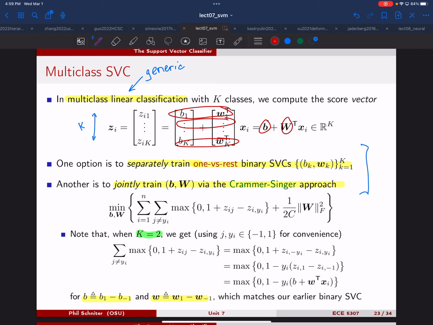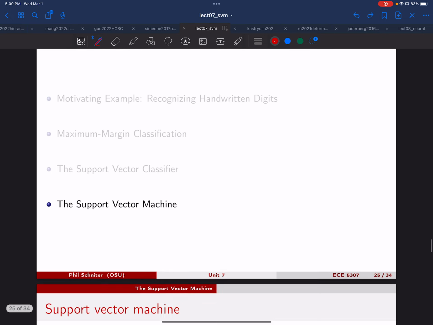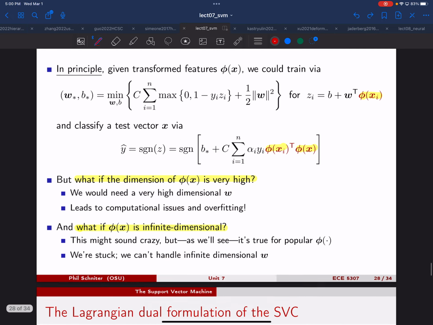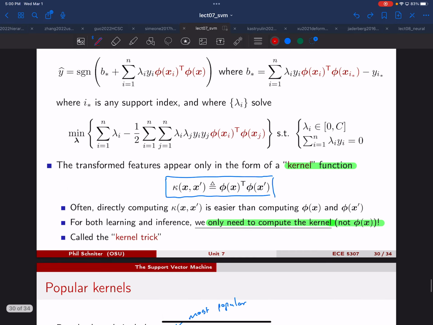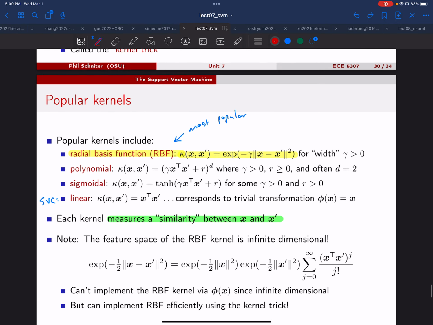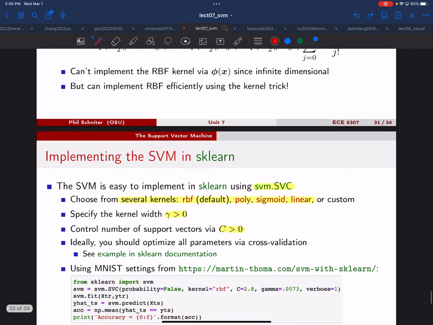So it's pretty easy to see what's happening. In one versus one, it's maybe not as easy to see how it's all going to be put together, but there is a way to put them together in the end to get what you need. If you want to learn more, the sklearn documentation might have some on that.